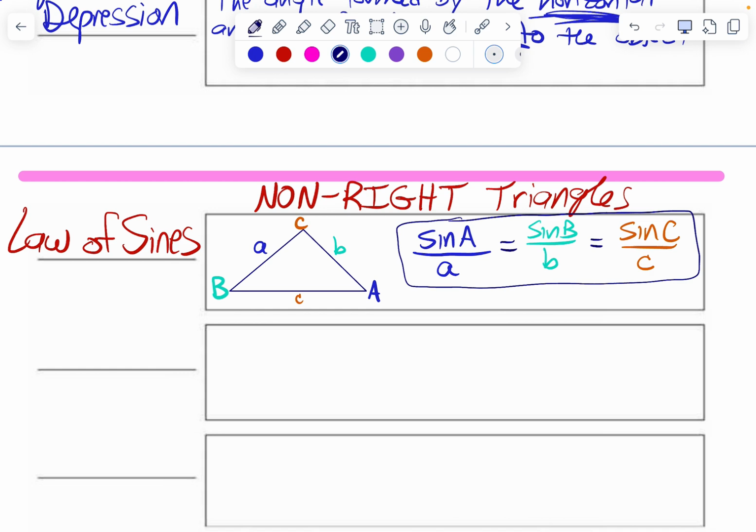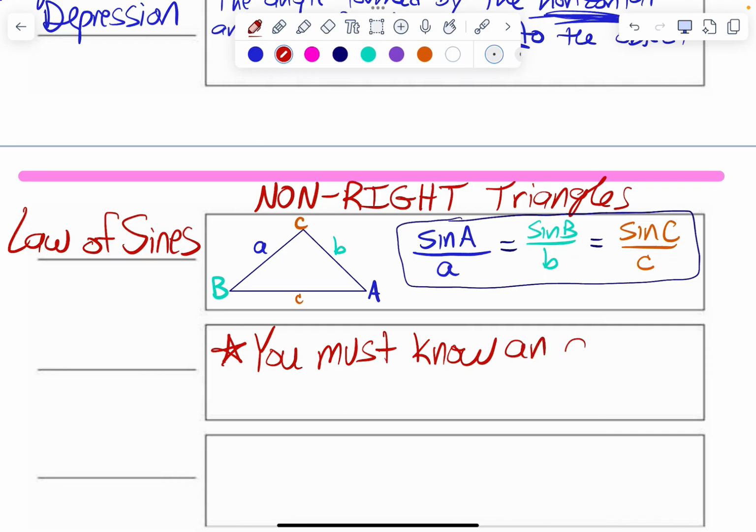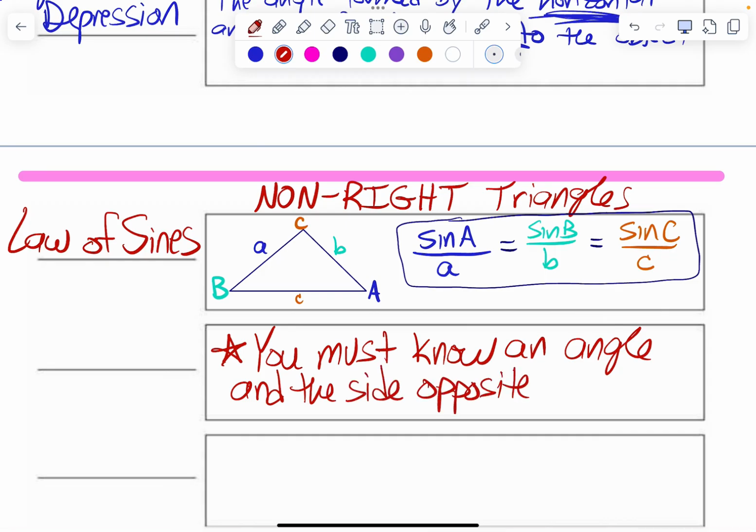Okay, for this to work, you must know an angle and the side opposite. So in terms of when do we know when to apply this, that's what tells you.